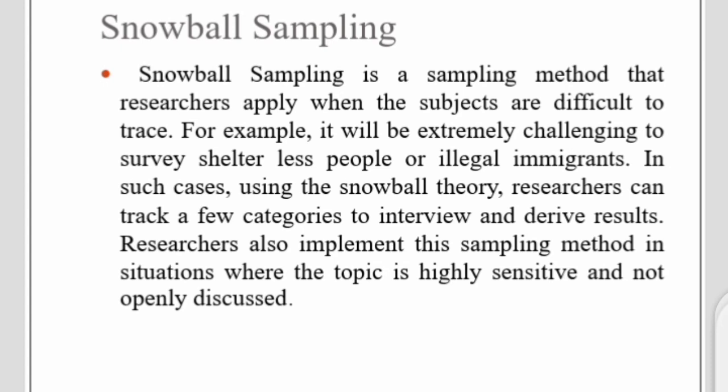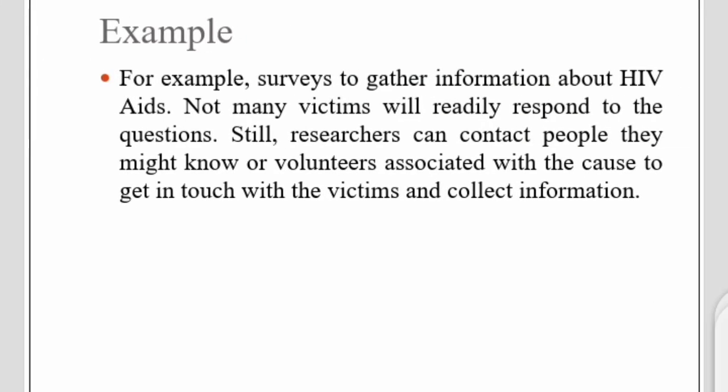In such cases, using the snowball method, researchers can track a few people to interview and derive results. Researchers also implement this sampling method in situations where the topic is highly sensitive and not openly discussed.